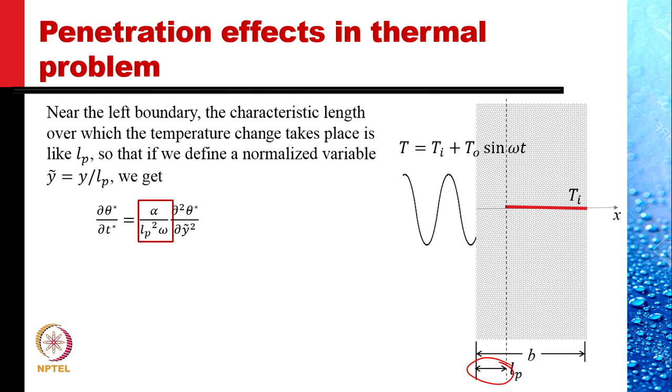So if we define a normalized variable y tilde is equal to y over LP, we have chosen a different nomenclature, y tilde, not y star, because you may get confused by the variable when the characteristic length is B. So the resulting equation is delta theta star divided by delta t star is equal to alpha LP square omega rather than alpha B square omega.